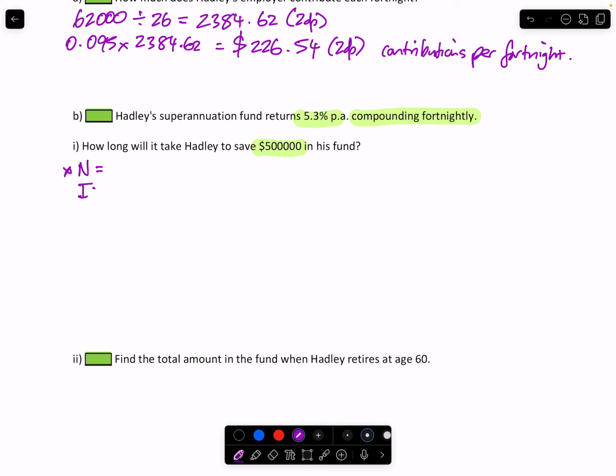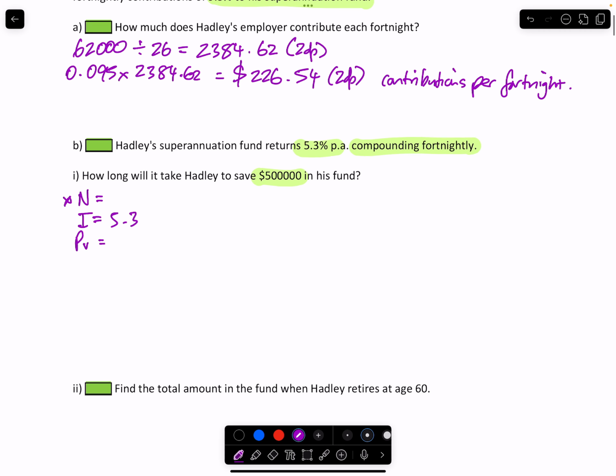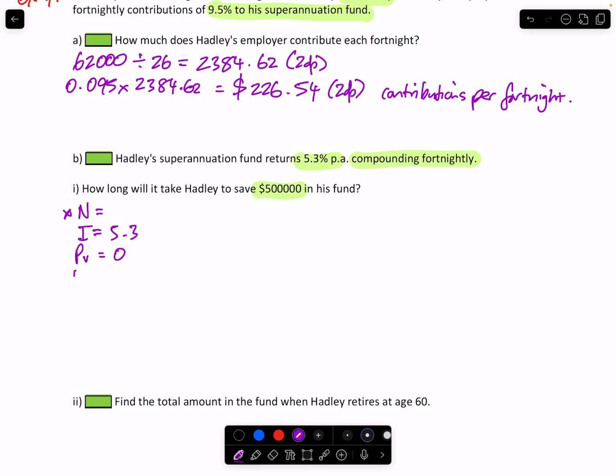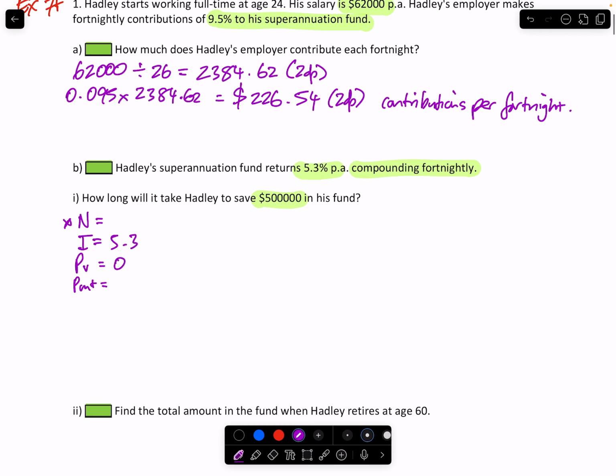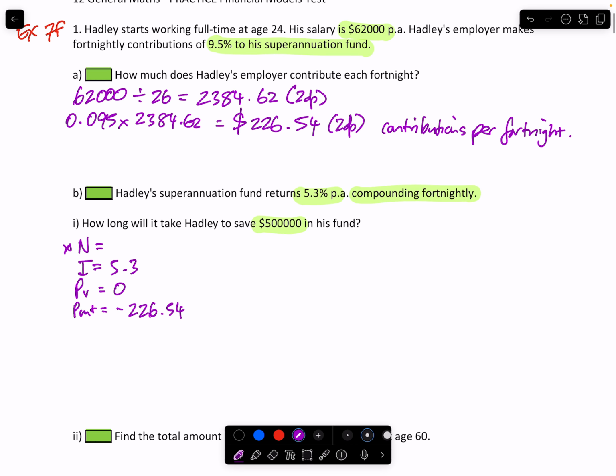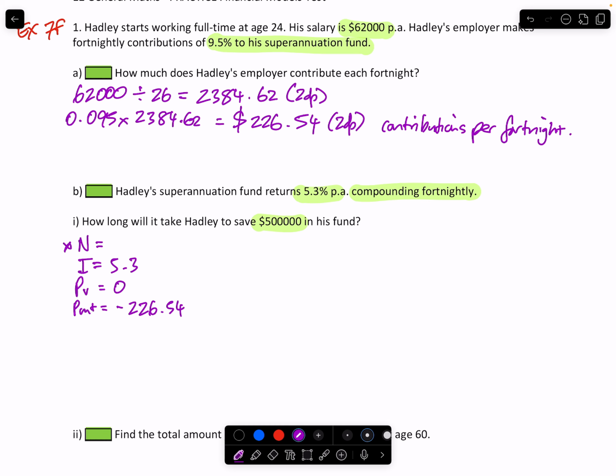The interest rate of the super fund is 5.3. PV: the super fund is where you're putting the money regularly in until you retire, saving up for a certain amount. It doesn't say that he's starting off with anything in his super fund, so 0. PMT is what we just worked out in A, because he's contributing $226.54 per fortnight. It doesn't say Hadley's doing anything extra, so we're just doing what his employer is meant to be doing, the 9.5%.